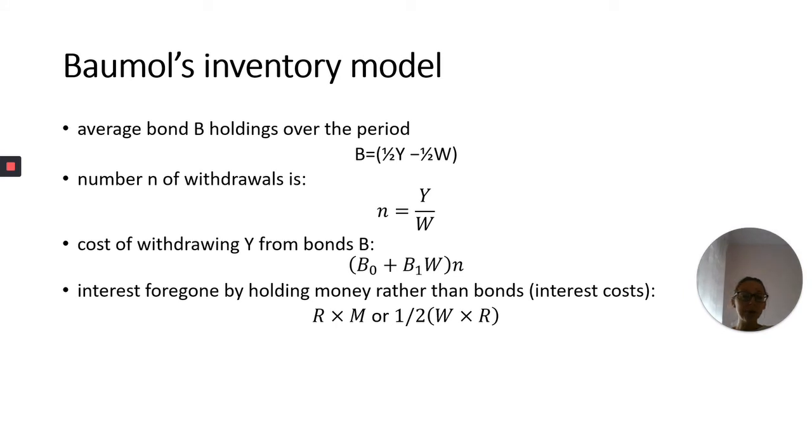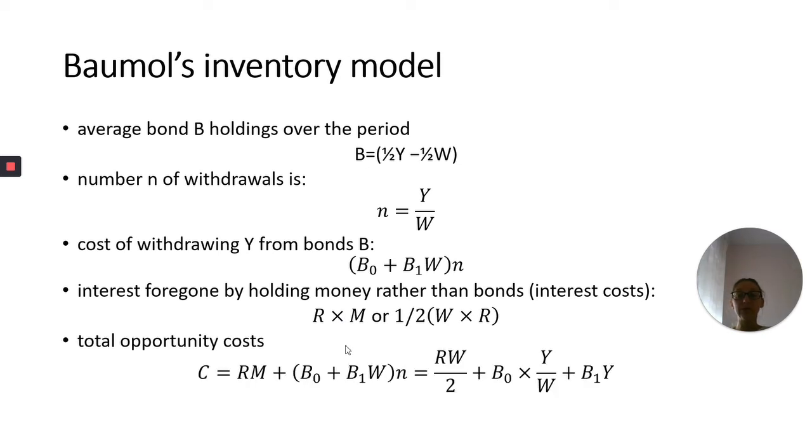Also, there are other types of costs. This is the interest that we do not earn if we keep money instead of bonds. So it is linked with the interest rate on bonds and the quantity of money we hold.